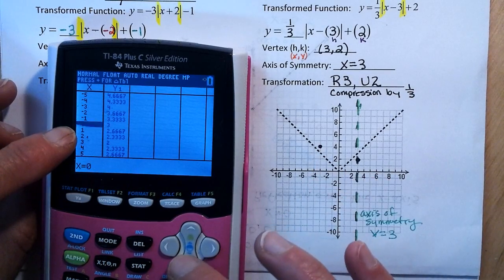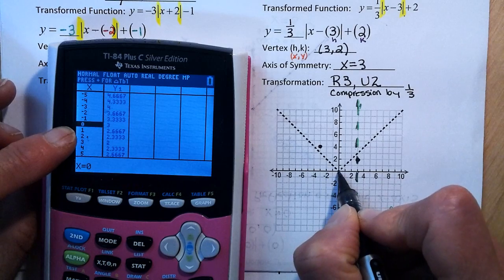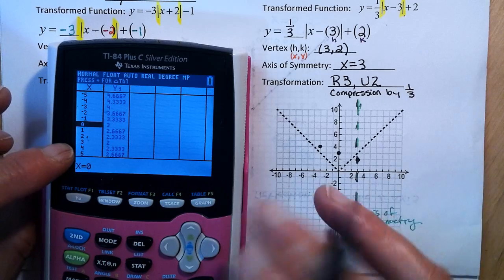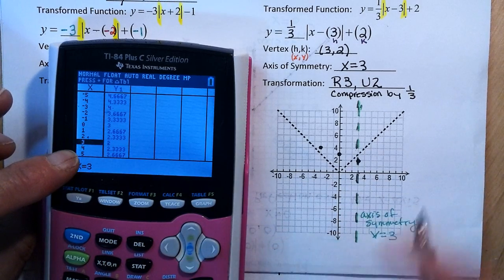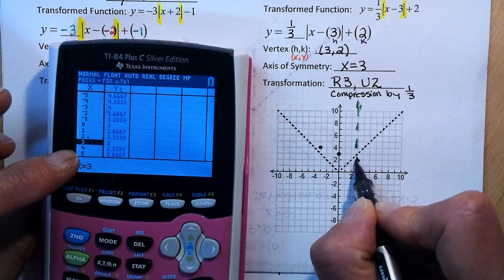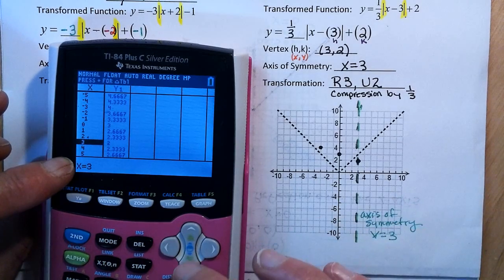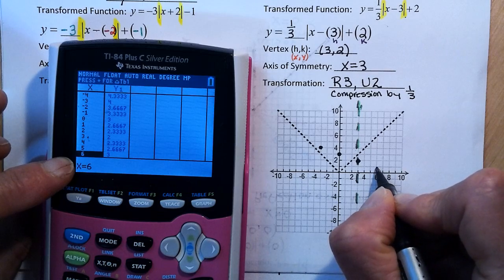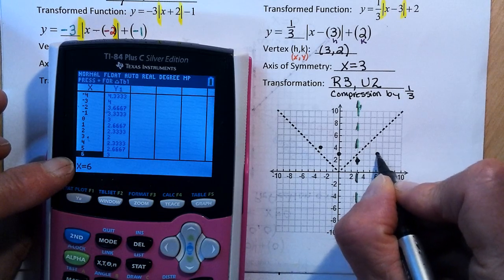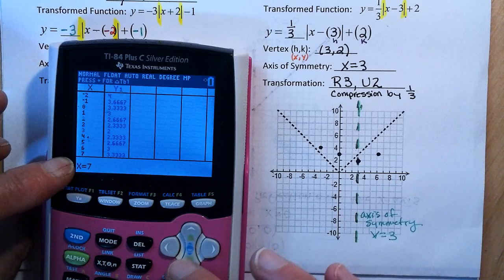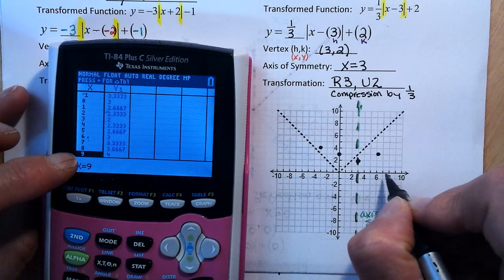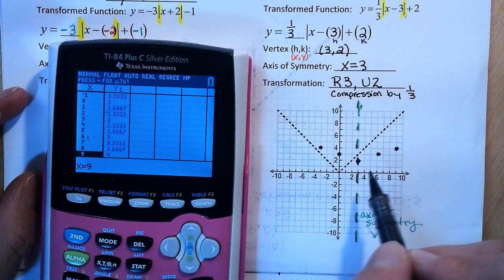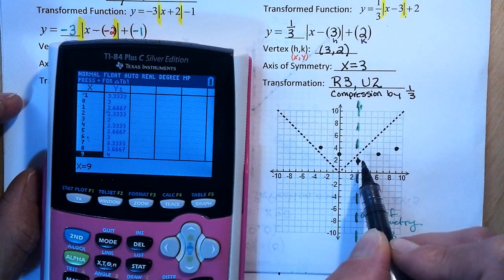And then 0, 3 is right there. And then I have 3, 2, which was what I said was my vertex. And then I have 6, 3. And then notice I'm going back up. And then I have 9, 4. Okay? So you can see it's kind of squashed out.